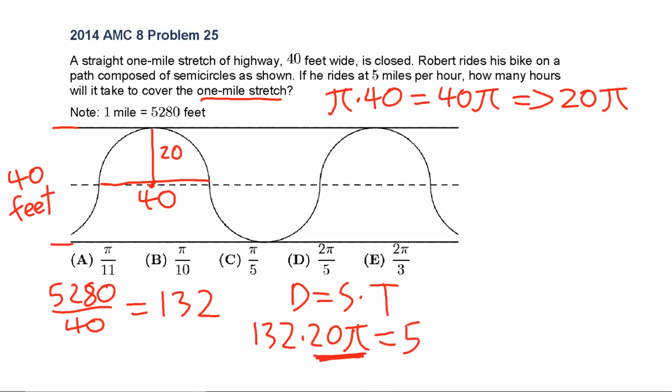So there are 5280 feet in a mile, and there's 5 miles. So 5 times 5280 feet per hour is our speed. And then we would multiply by the time that we're trying to find. So when we try to solve this equation, can you guys tell me what the answer is?